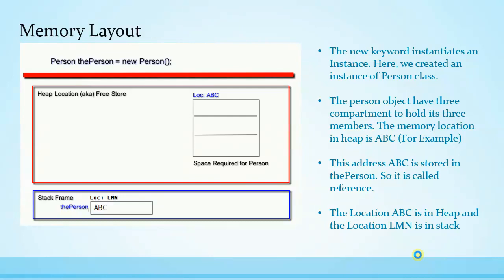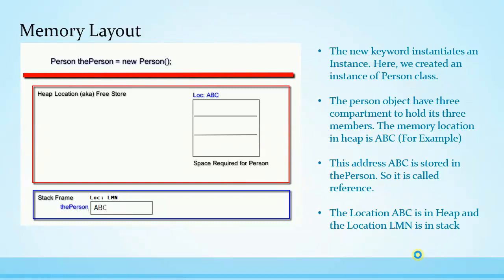For example, if we create 3 objects, all 3 objects share the same code segment memory to execute the translated byte code of the behavior. But data members need 3 different segments, and those get allocated in the free store here in the red box. Alright, now let's go to the stack frame, which is in the bottom.